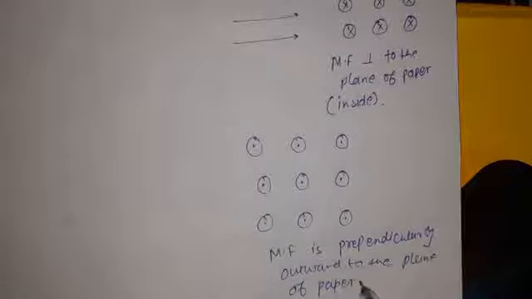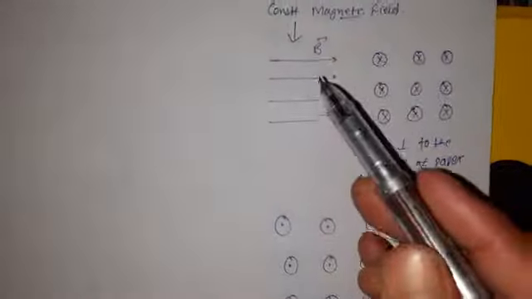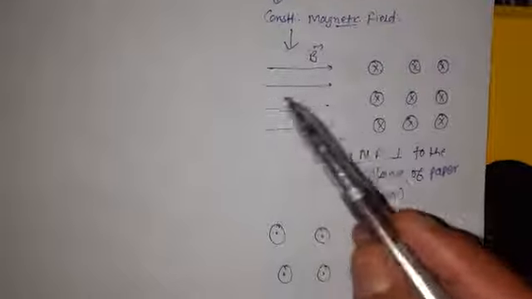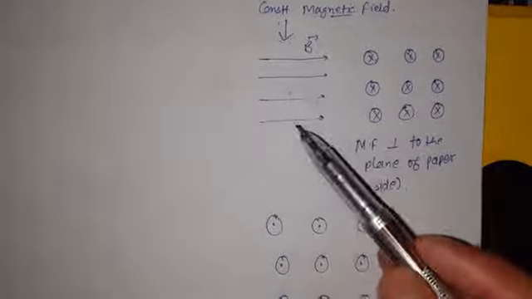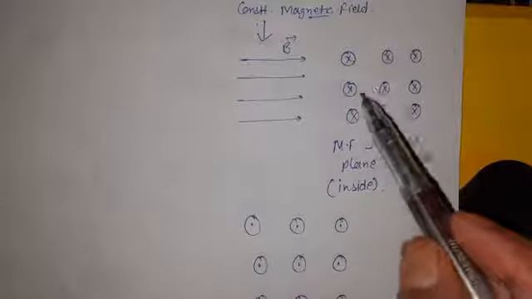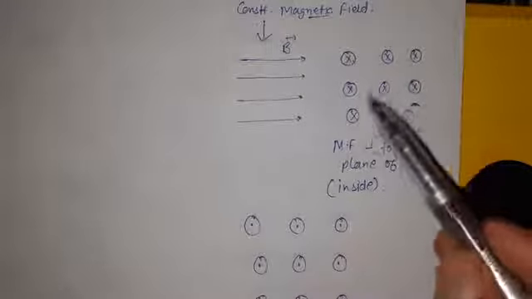Thus we come to know how to represent a uniform magnetic field. If it is toward the right, then it is with arrows which are equally spaced; if it is going inside the paper, then it is with crosses which are equally spaced; and if it is coming out of the paper, then it is with dots which are equally spaced.